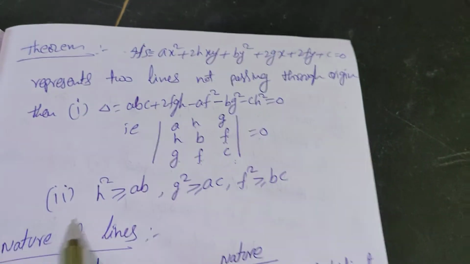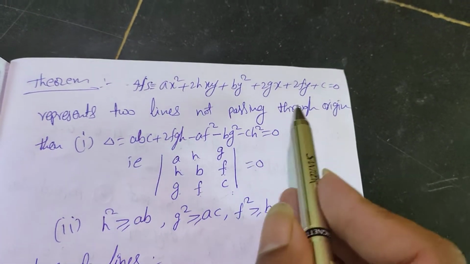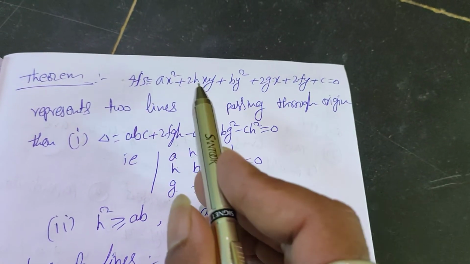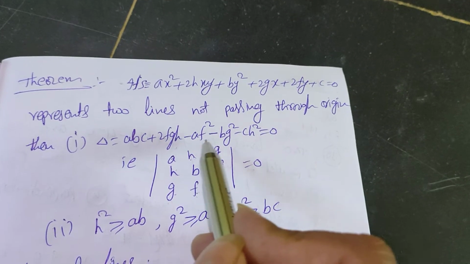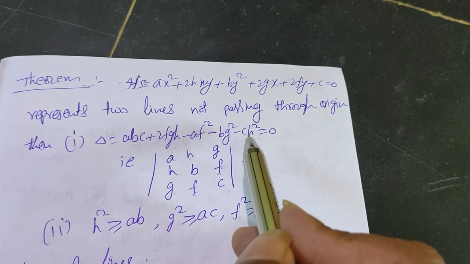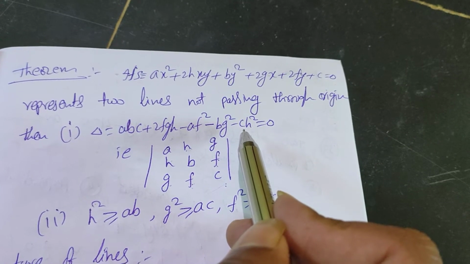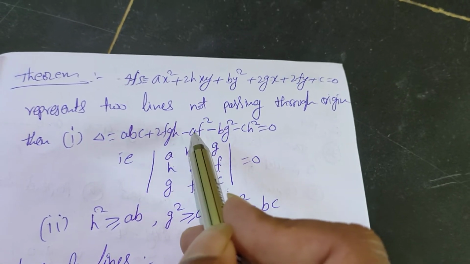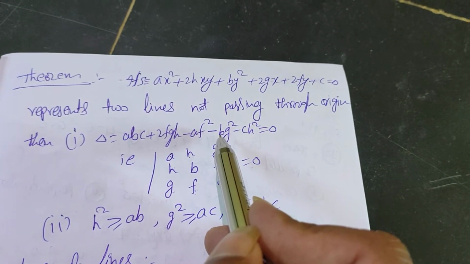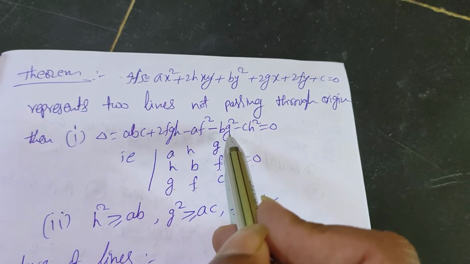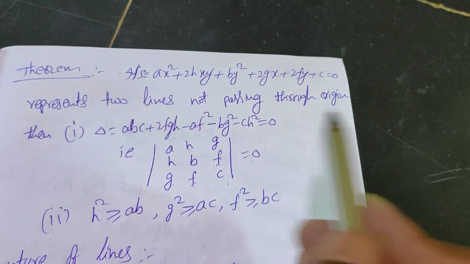And the second condition: h is the coefficient of xy, and in this formula it is af square minus bg square minus ch square. So h square is the coefficient of c, so with h you write ab. h square is greater than or equal to ab, g square is greater than or equal to ac, and f square is greater than or equal to bc.